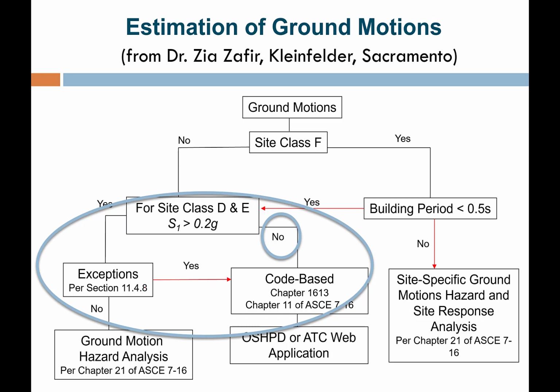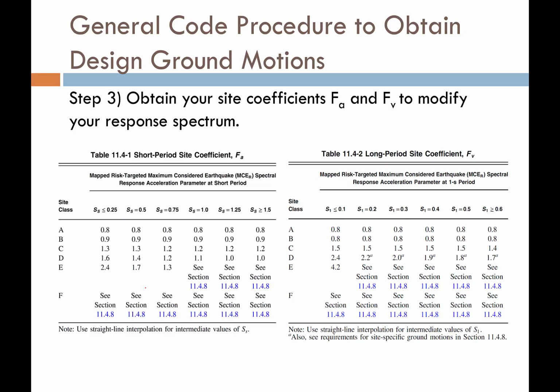And let's say no. So let's say we have a site class D or E, but the spectral acceleration at a 1 second period is less than 0.2 g. What then? If that's the case, we can do a generic development of ground motion. So this is called the generic or the general code procedure. So if that's the case, you're in a great place.